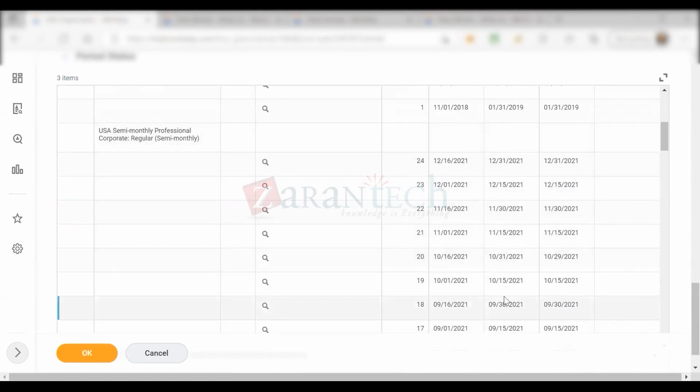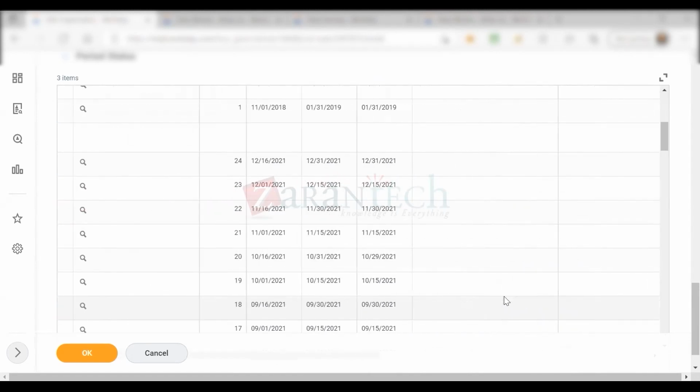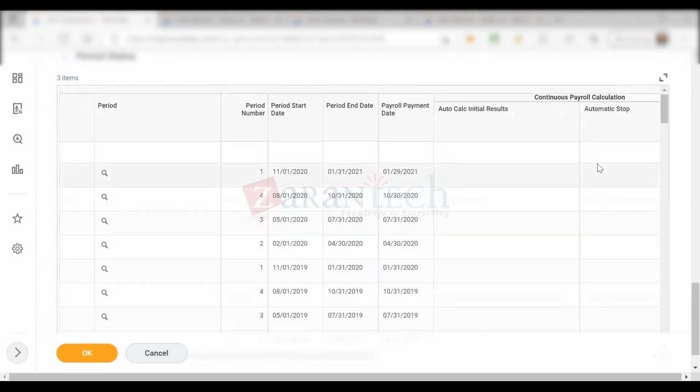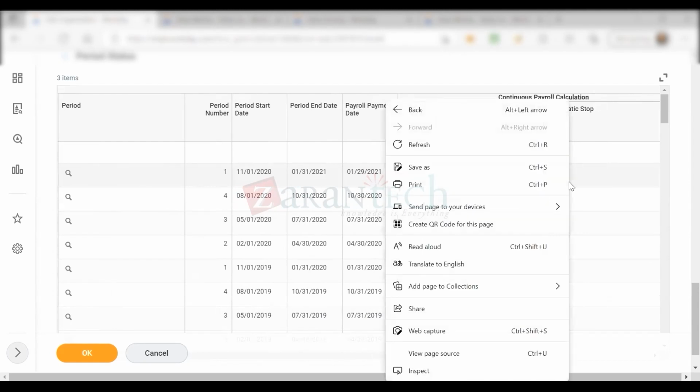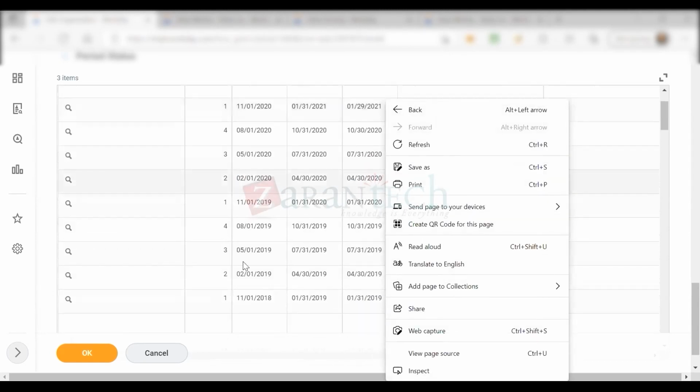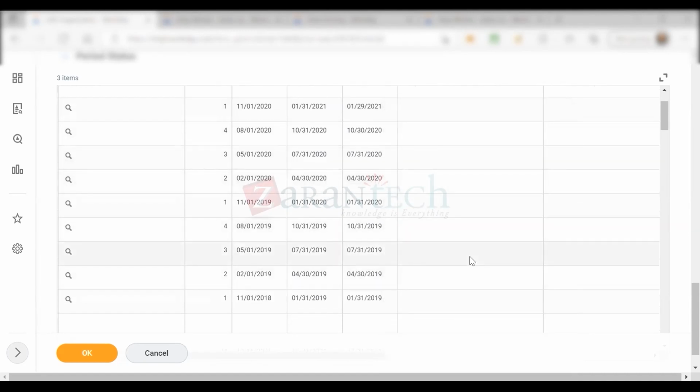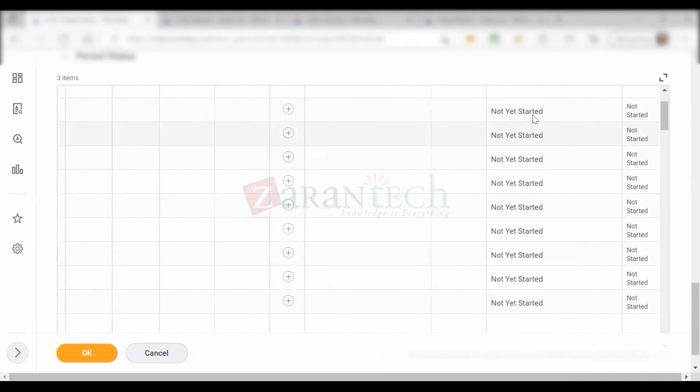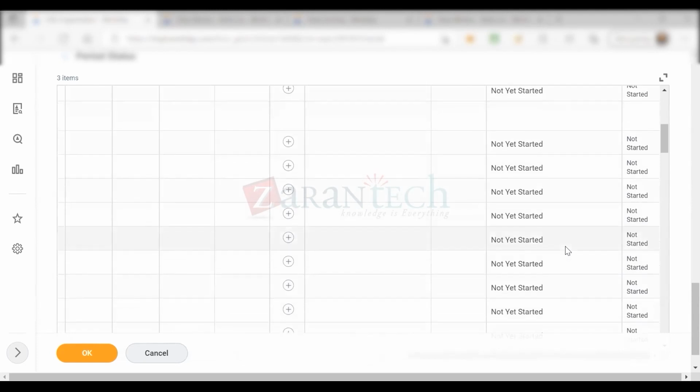It shows the calendar. So if somebody asks how your pay calendar looks like, come to pay group and export this out. This export will tell you how many pay periods, what is my pay start date, my pay end date, and my payment date for that period. And again, it captures the status: whether pay calculation is started or not, in progress or completed. You can get everything from here.